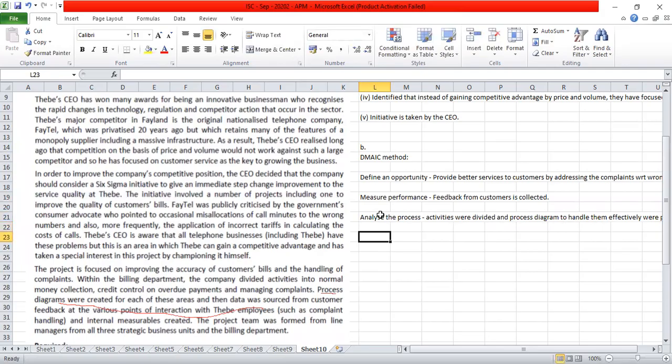Next, I. I is implement. We do not have much information about whether they have implemented these things to improve the process, and the feedback collected to control any kind of deviations that take place.